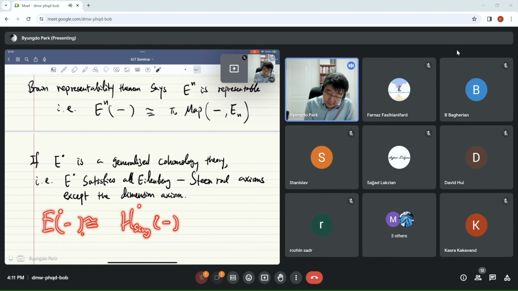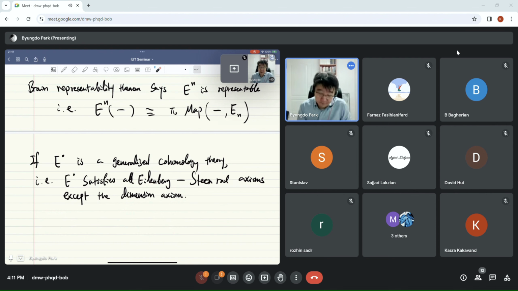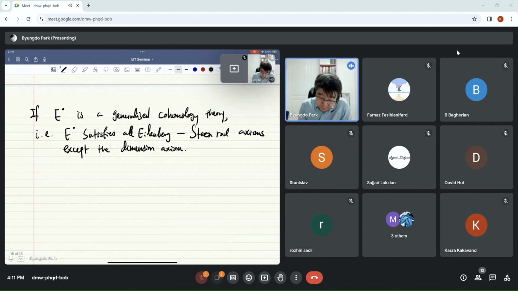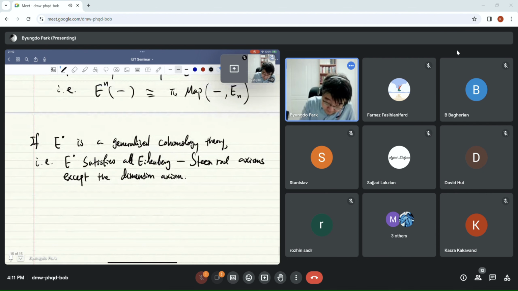But among these axioms, we sometimes exclude the dimension axiom, and still obtain an interesting theory. These are called generalized cohomology theories.